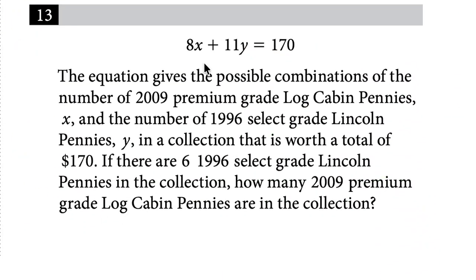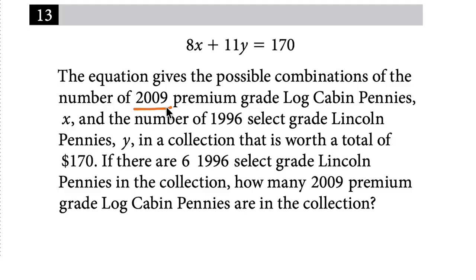Question number 13 is 8x plus 11y is equal to 170. The equation gives the possible combinations of the number of 2009 premium grade log cabin pennies x and the number of 1996 select grade Lincoln pennies y in a collection that is worth a total of $170. Now this is a wonderful question.